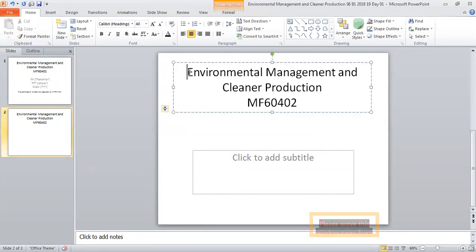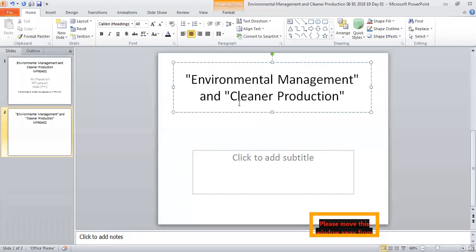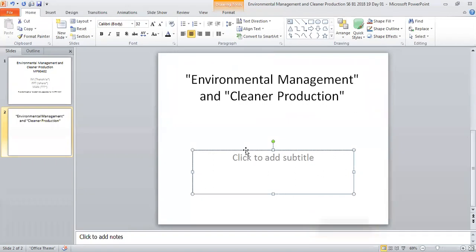Here you can see environmental management and another component, cleaner production. Okay, there is a connectivity. Anyway, let me separate these two.